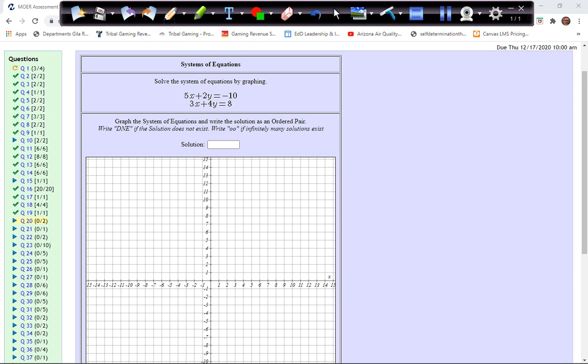One of the best ways when it's in this form is what they call the intercept method. You're going to plot both intercepts. You'll let x equal 0 and figure out what y is, and then you'll let y equal 0 and figure out x.